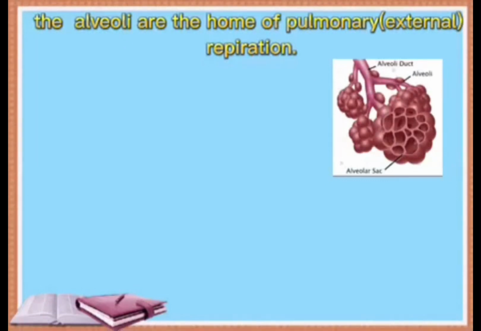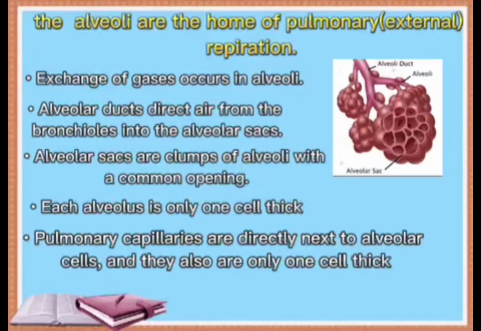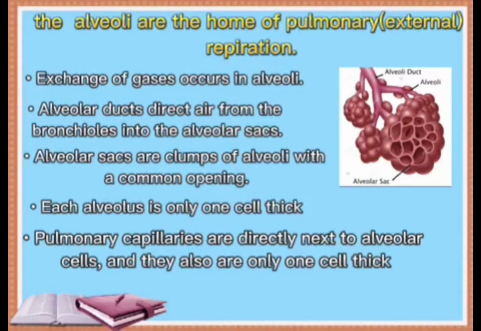At the top of the list is exchange of gases occurs in alveoli. Secondly, the alveolar ducts direct air from the bronchioles into the alveolar sacs. Next, alveolar sacs are clumps of alveoli with a common opening. Next, each alveolus is only one cell thick.